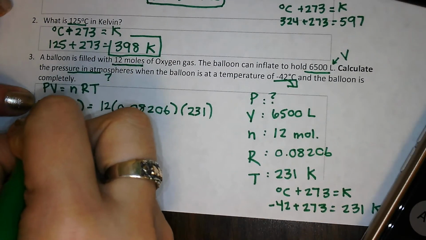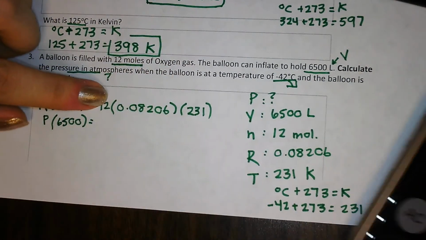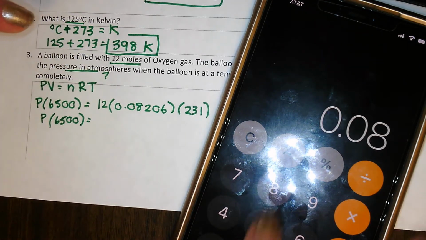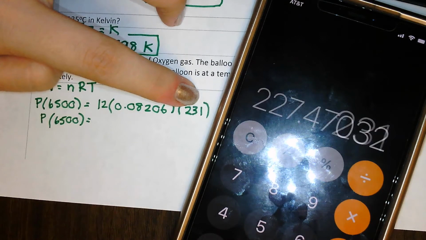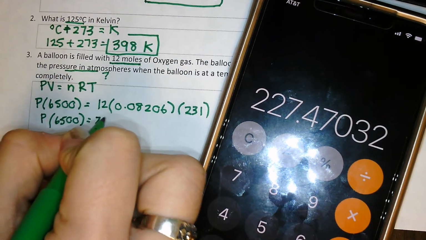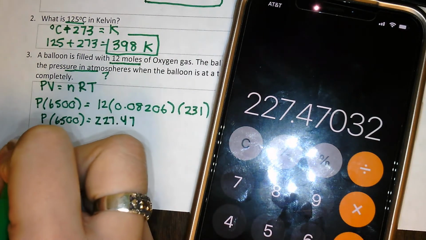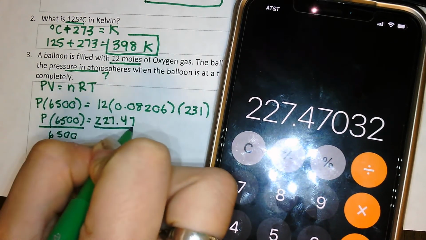P times 6,500 doesn't change just yet, but this side does. So 12 times 0.08206 times 231 is 227.47.